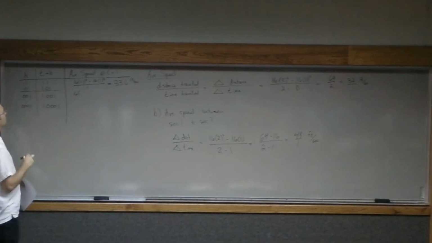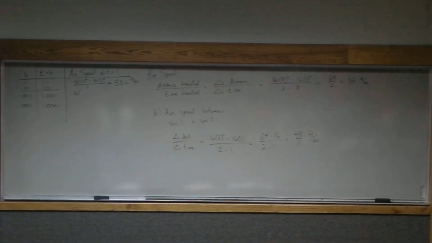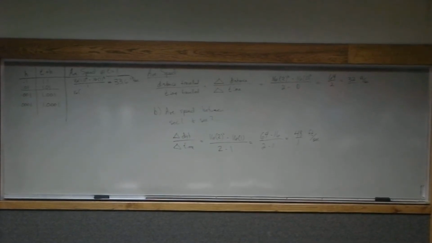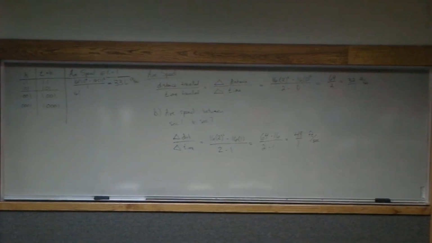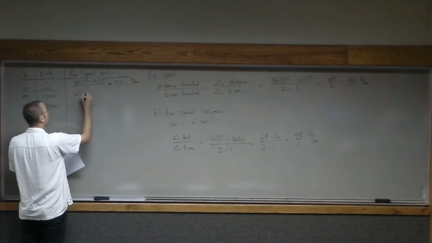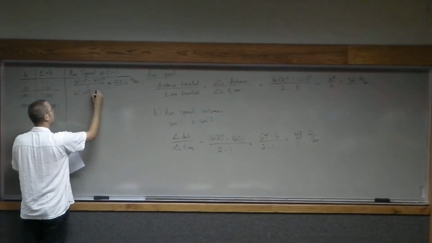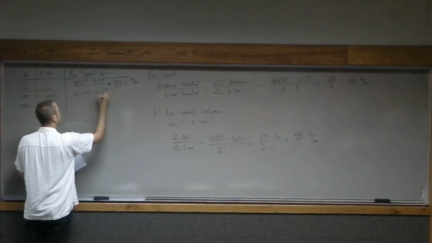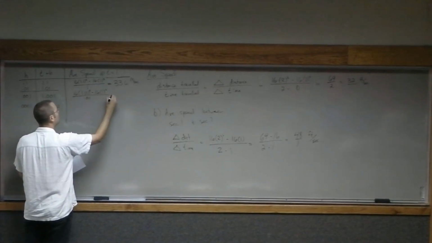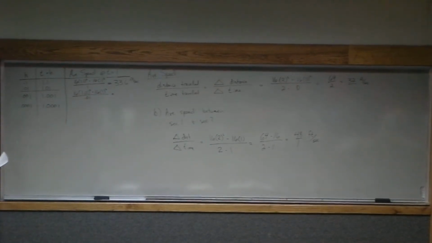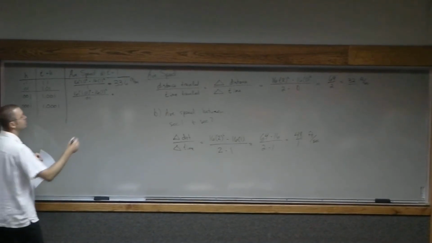Let's take a look at what happens if we shorten that little time span even further. We now go to 1/100th of a second time change difference. How is that going to affect my average speed? In this case, hopefully, calculations are correct.